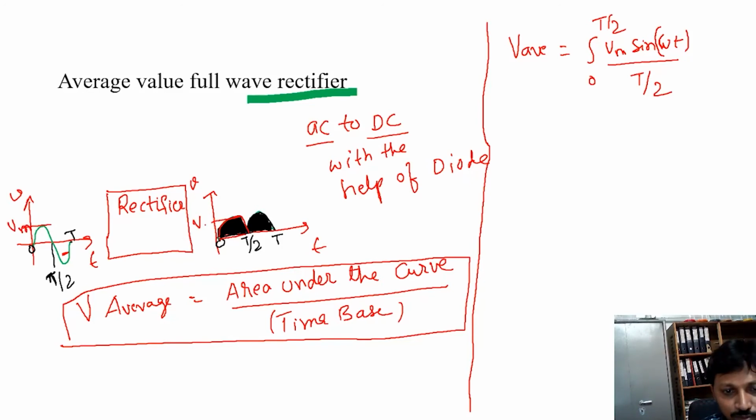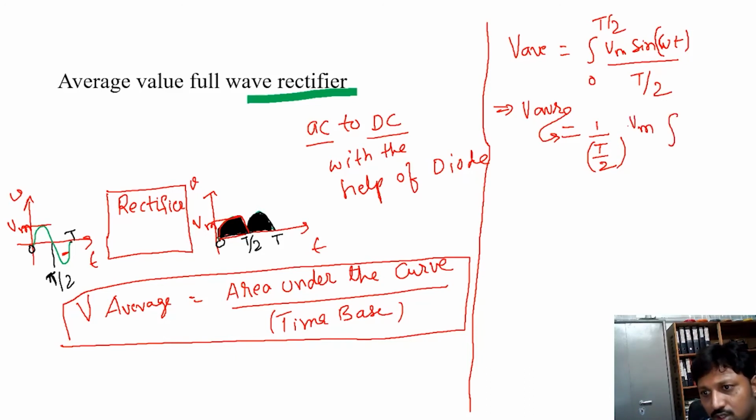Now V average is equal to 1 by T by 2, which is a constant. Vm is also constant, so I take it outside: integral 0 to T by 2 of sine omega t dt.